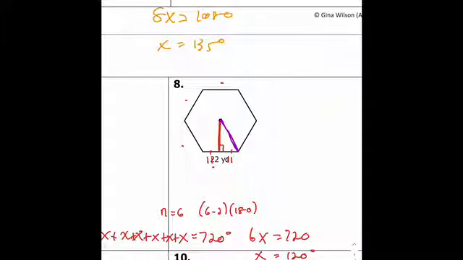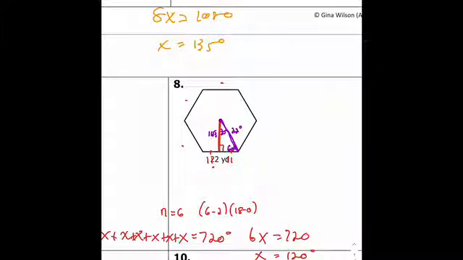And we know this whole angle is 120. So half of 120 is 60. Oh, good. It's a 30, 60, 90. So our 30 is 11, which means our 90 is going to be 22. And our 60 would be 11 square roots of 3.